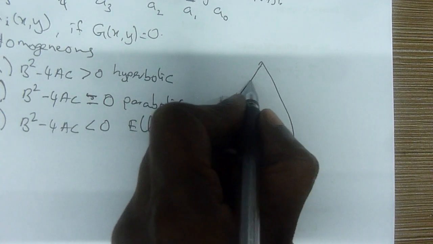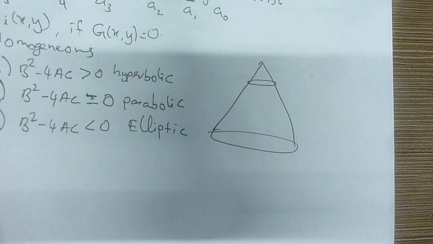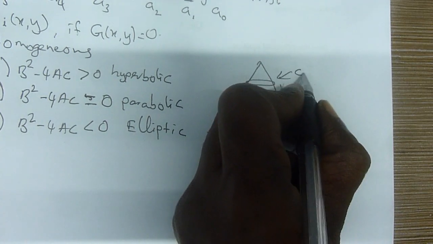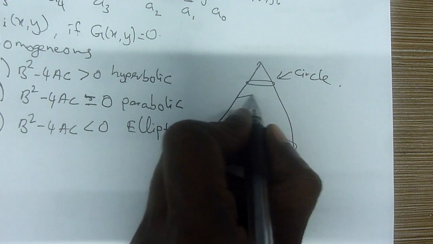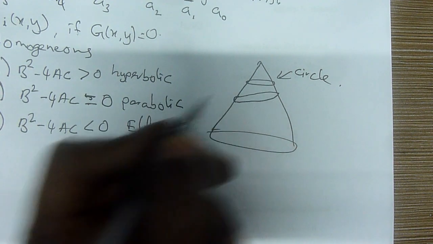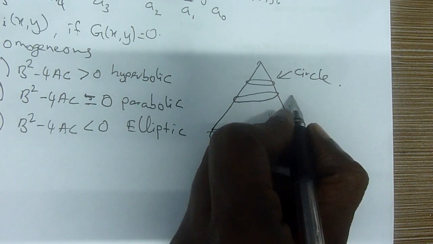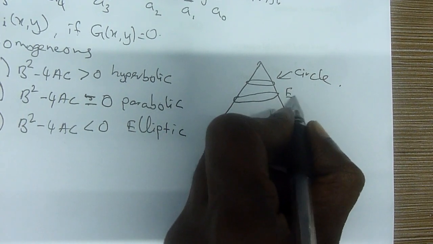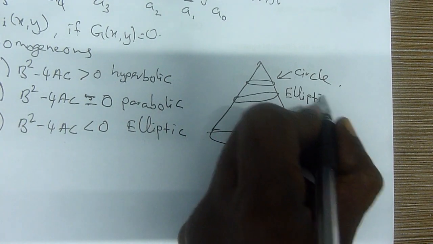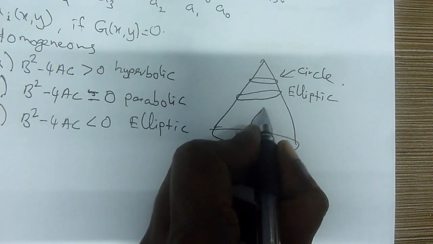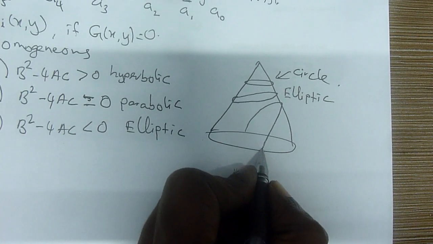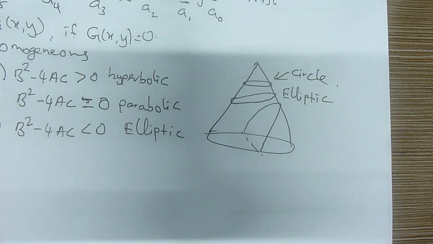Okay, normally if we sketch this on the top of the cone and this becomes a circle, and slightly we use a bit slanted, then it becomes what we call an elliptic function. Okay, what is parabolic? Parabolic is something that we can see here, something like this.